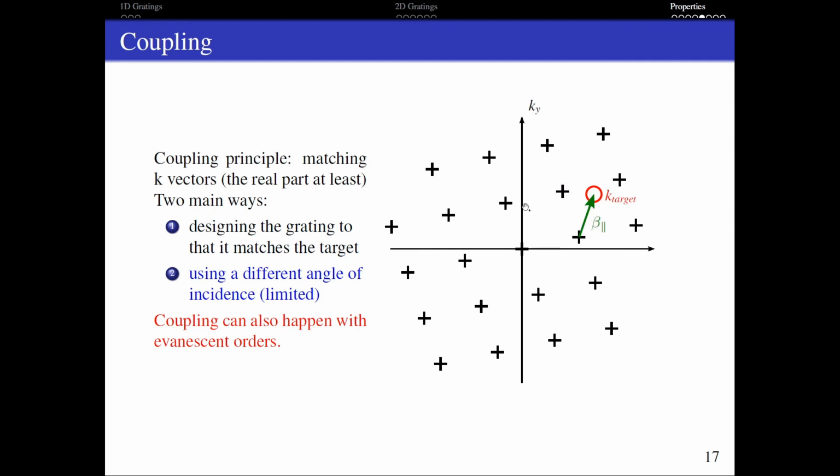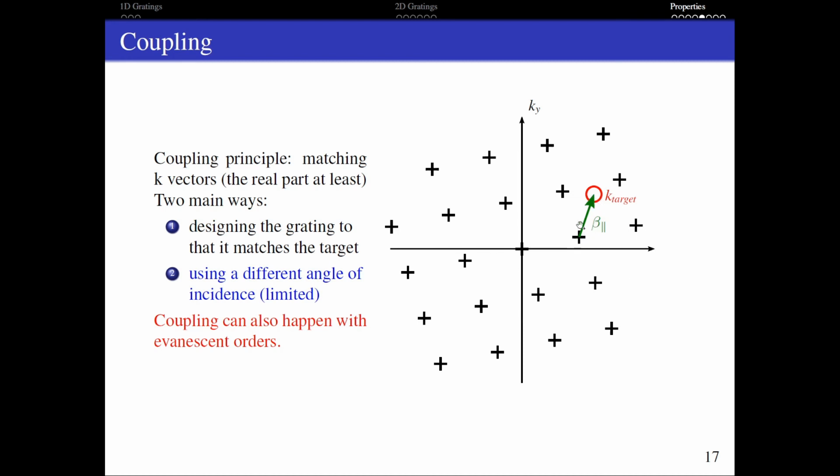But if you can't really do it, or if for any reason they don't match, you can shift. So let's say you have the grating just like before, but this time we have a K target that has to be away from any of those points. You can shift the full diffraction pattern through the incidence.